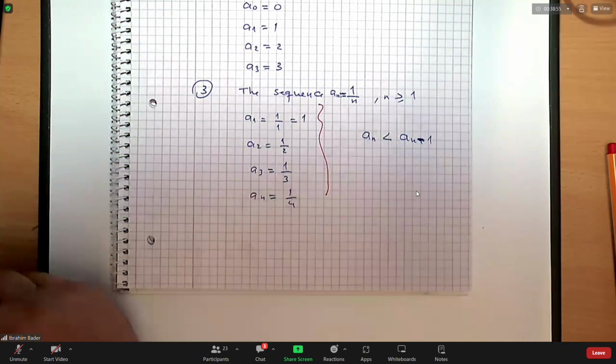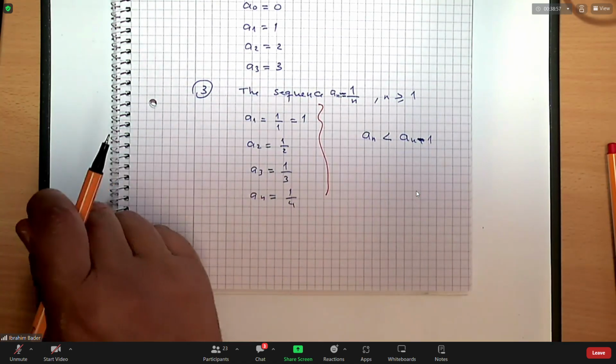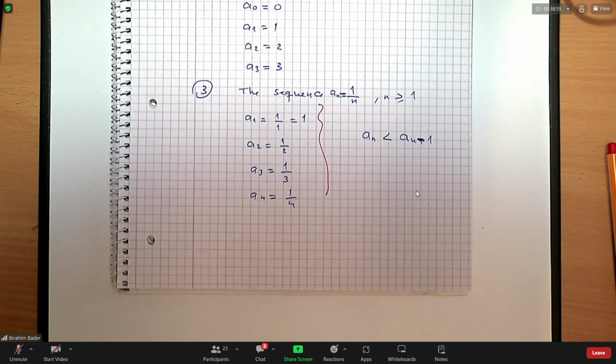So each element is less than its previous element. And this we will later define, maybe in the new year, as a so-called decreasing sequence, or strictly decreasing sequence. Okay, any questions so far?